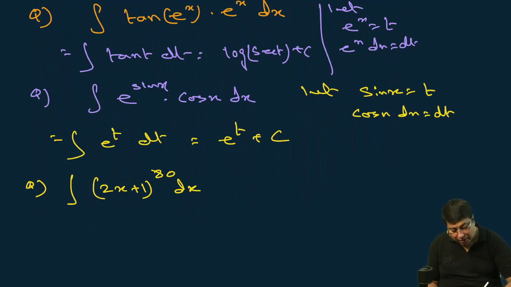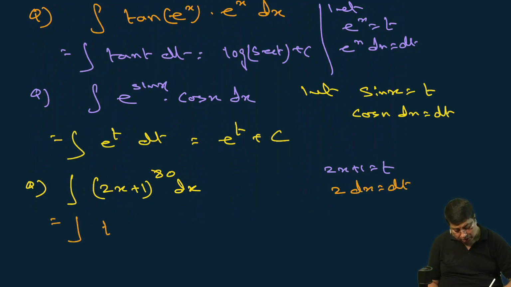Therefore, let 2x plus 1 equal to t. Therefore 2 dx equal to dt, so dx equal to dt by 2. So I am writing here 1 by 2, and t to the power 80 dt.